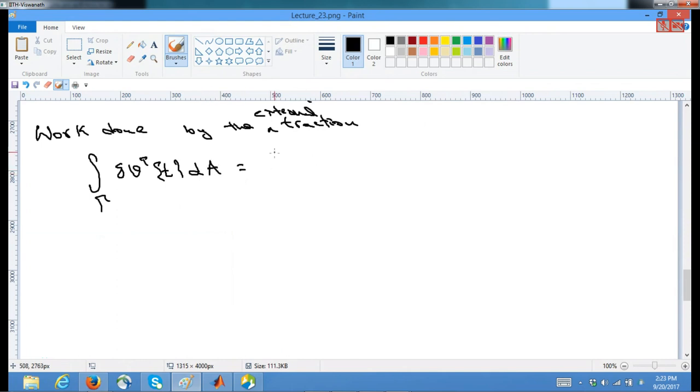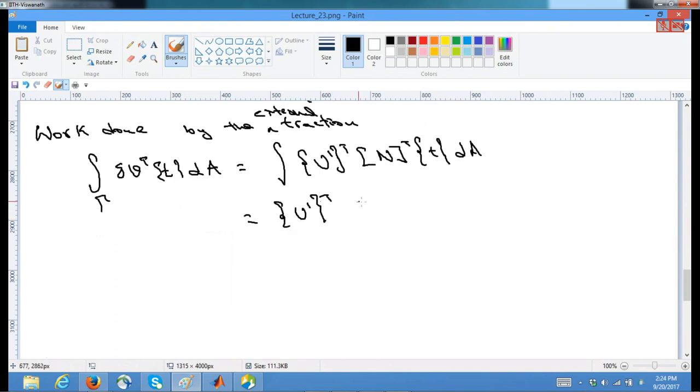So that is integral u dash transpose N transpose P dA over gamma.